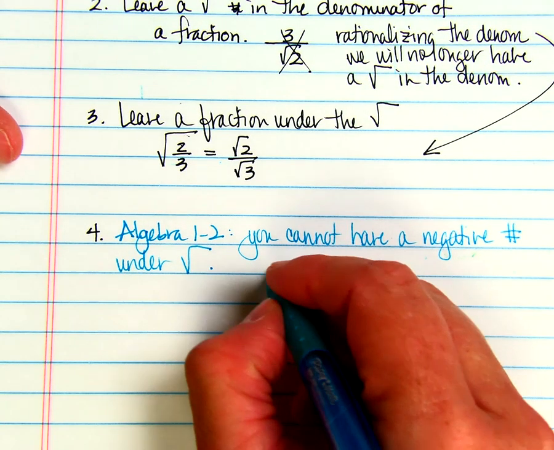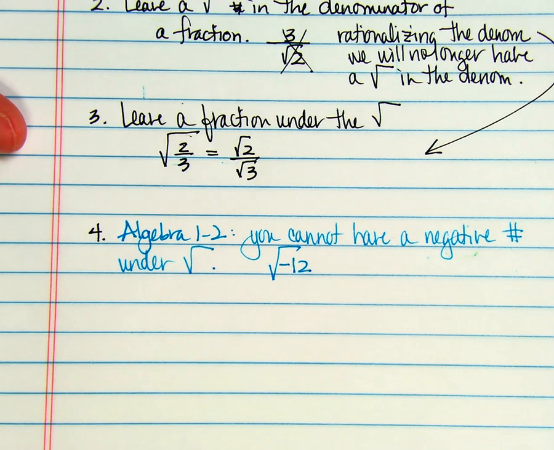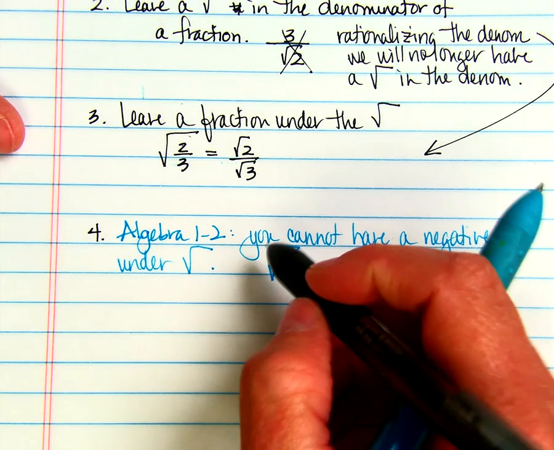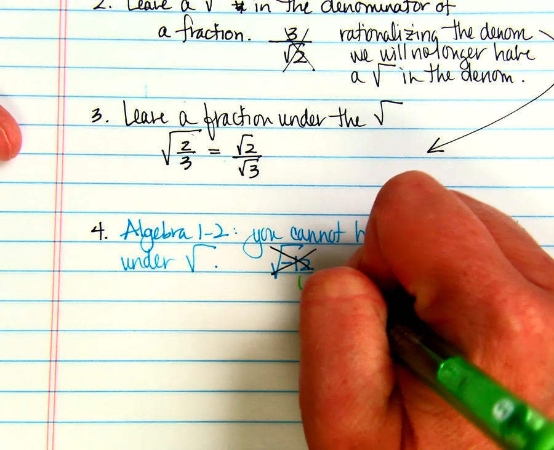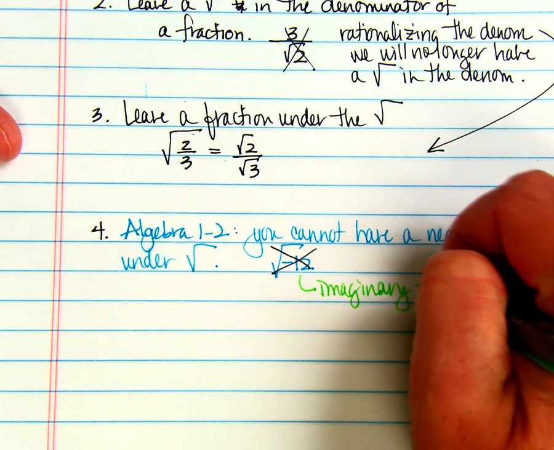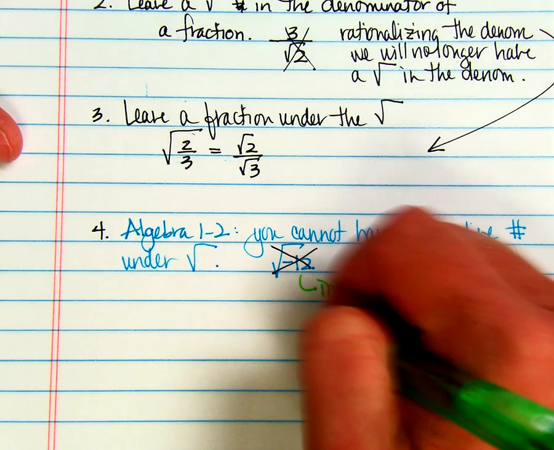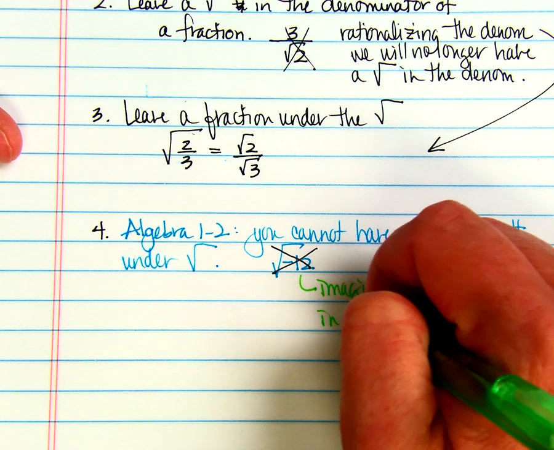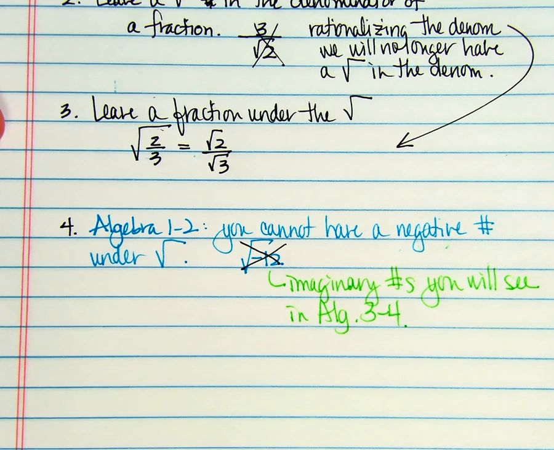So for right now, if you end up with the square root of -12, just know you have done something wrong, because that is the introduction to imaginary numbers. You might want to make a little note: this is dealing with imaginary numbers that you will see in algebra 3-4.